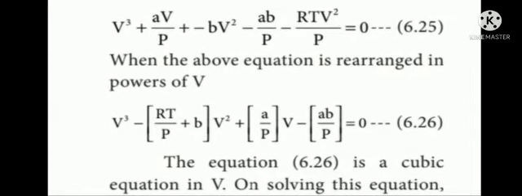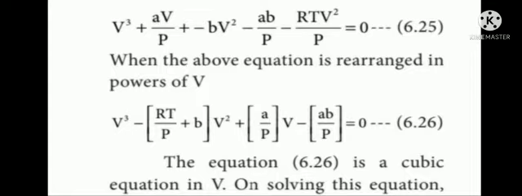Hence, it should be arranged as the V³ term, V² term, V term and constant term. Here in equation 6.25, the V³ term is present in one place, whereas the V² term is present in two places, minus bV² and minus RTV²/P. Bring the two terms together and take minus V² outside.